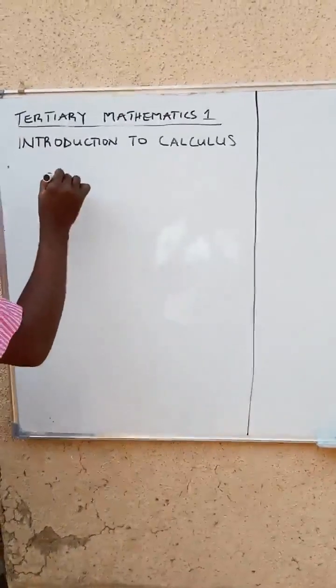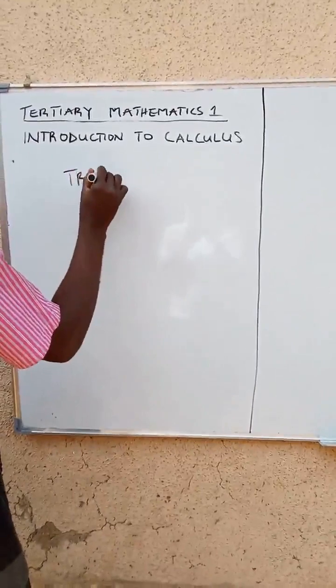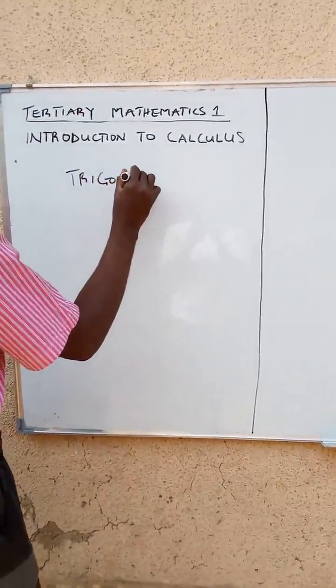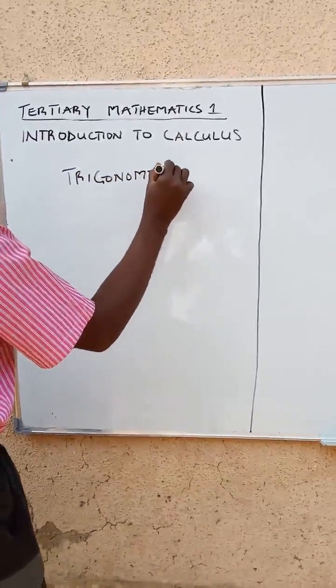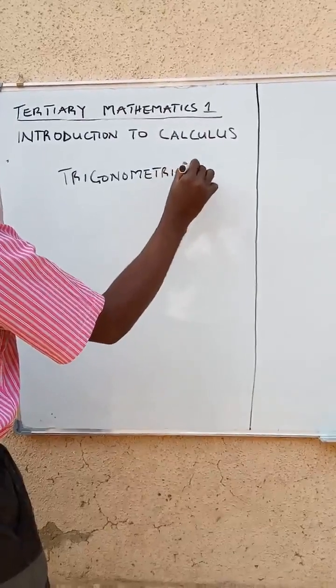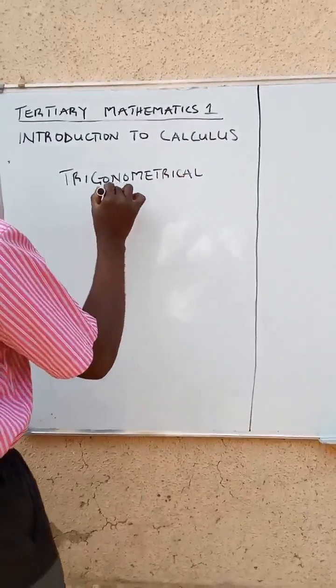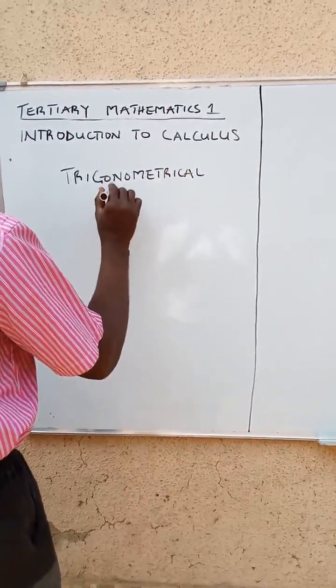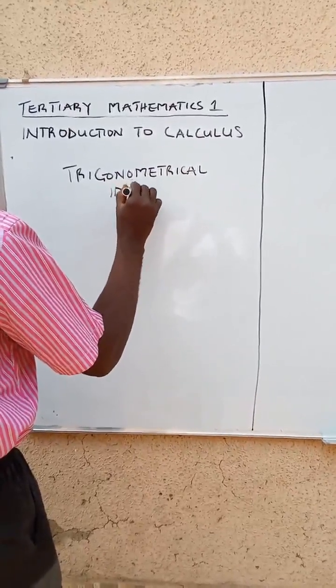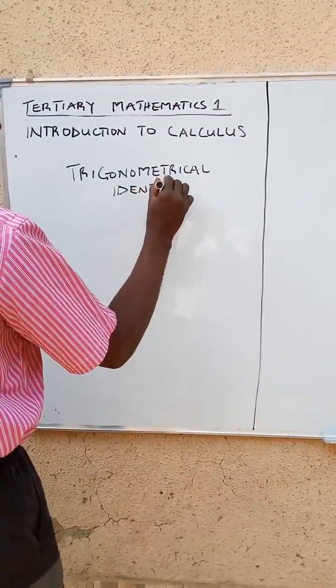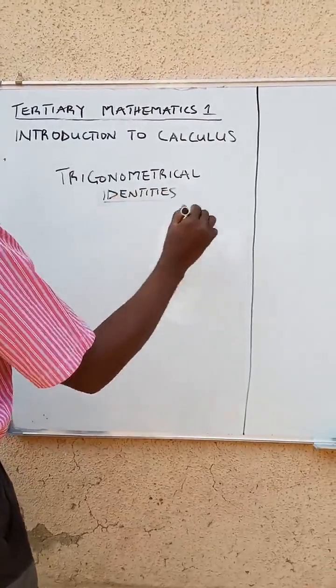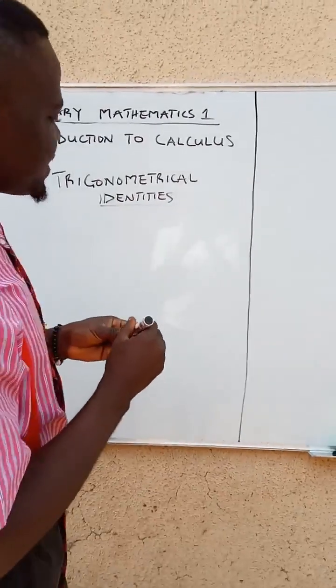Now let's go to what we call trigonometrical identities.